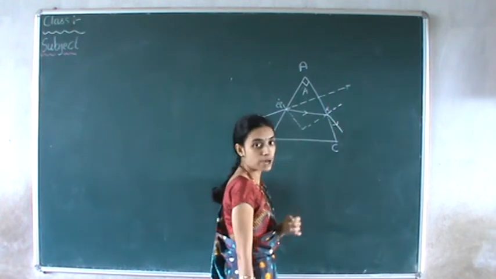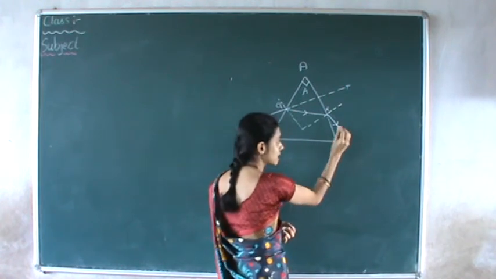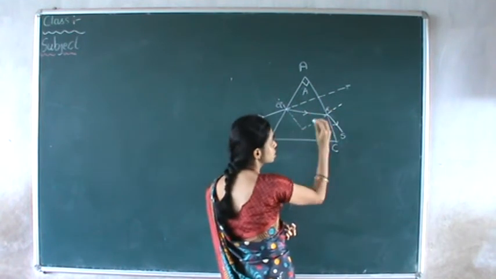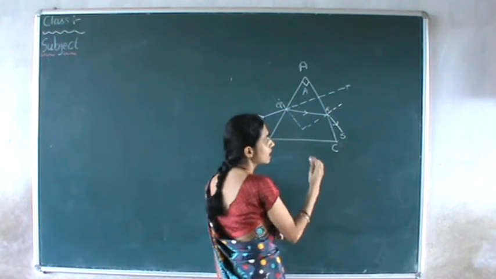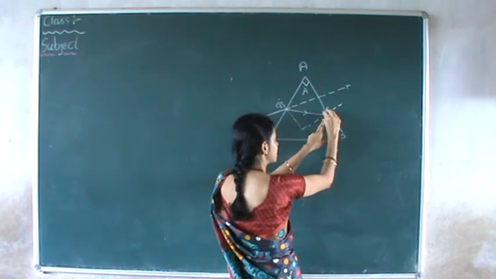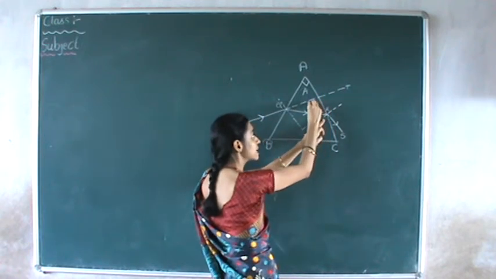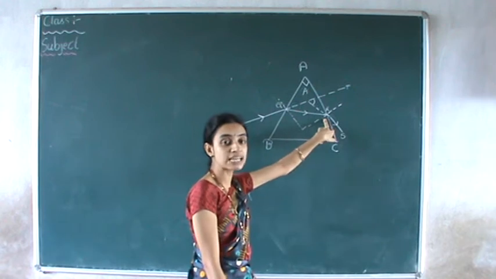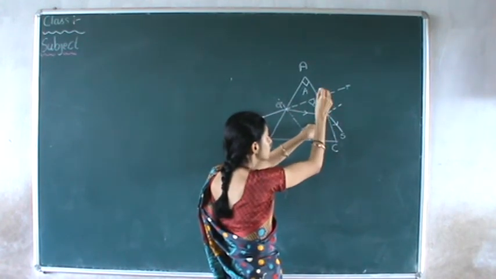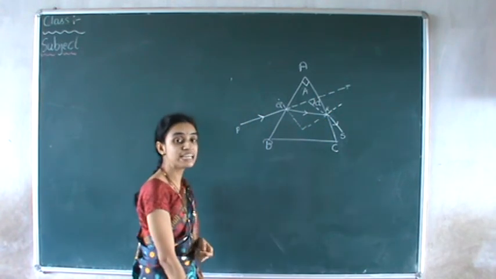So here RS is the emergent ray. If I draw the emergent ray line in the backward direction, I will get one angle. That angle is called the deviation of the prism.